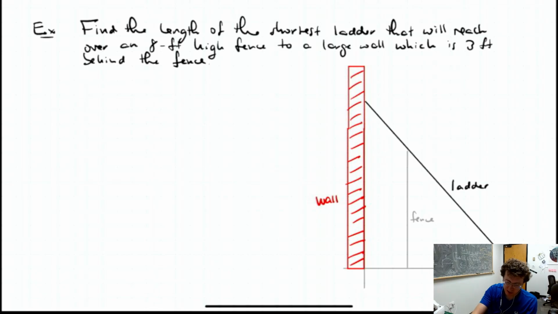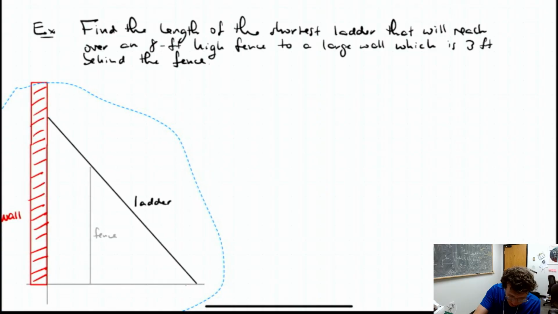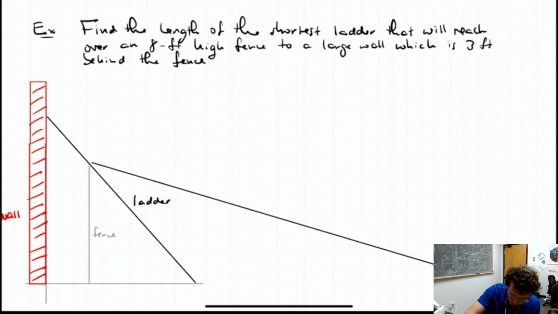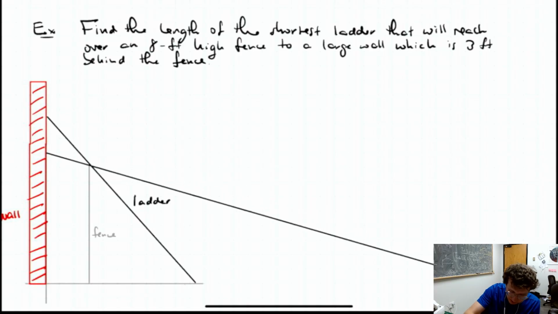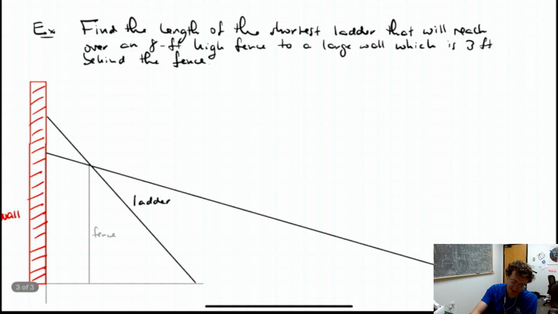Or I could start very far away. I could put the base of the ladder on the ground very far away from the fence. Like over here. And then you see I'm going to hit the wall not very high above the fence, but this is a really long ladder.